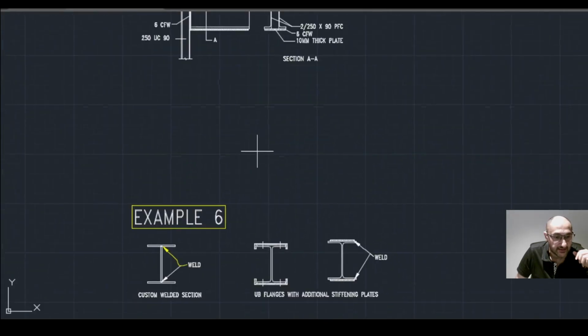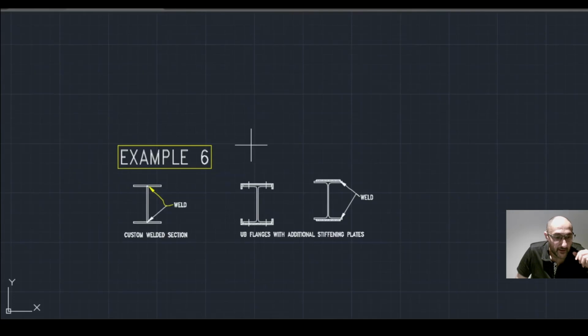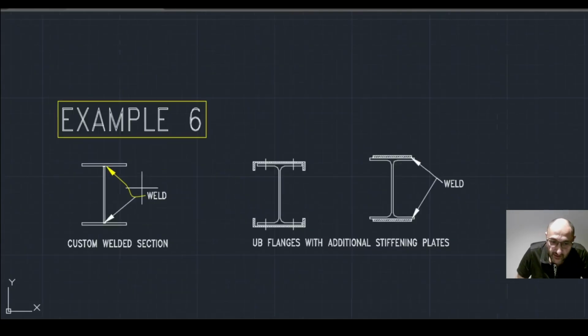Example 6. Here we have three built-up members, and they're common as well. The first one is when we need to create a complete custom member to suit our design criteria. We could create our own UB or PFC sections, and again we need to calculate the shear stress in this area where the flanges and the webs are in contact.